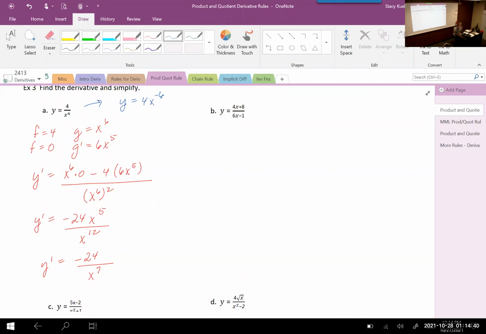So we have this other example over here, 4x plus 8 over 6x minus 1. If I let the numerator be 4x plus 8, the derivative of the numerator would be 4, right? The denominator is 6x minus 1, and its derivative would just be 6.